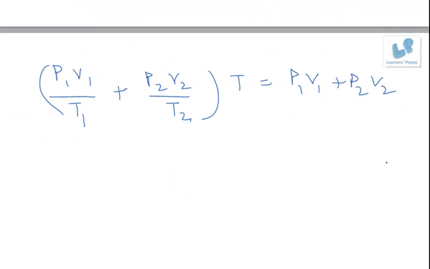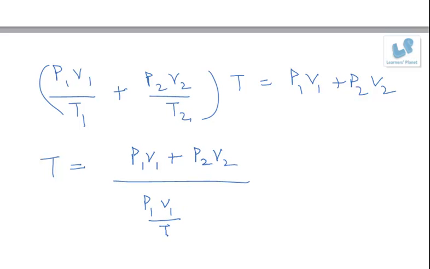Now we just need to solve to get the common temperature T, which will be equal to P1 V1 plus P2 V2 divided by P1 V1 by T1 plus P2 V2 by T2.